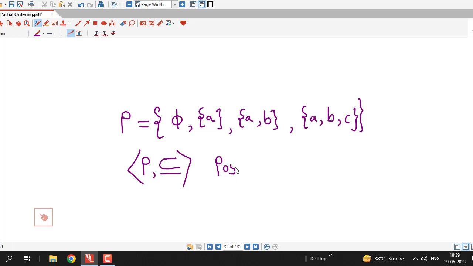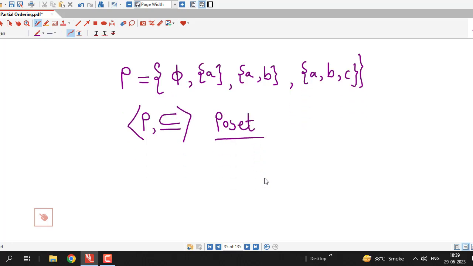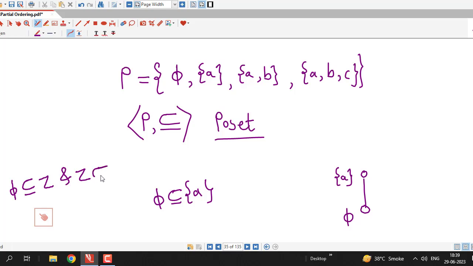Then we know that this set is a partially ordered set, and we can easily see that phi, the empty set, is covered by a set having only one element, because phi is a subset of A and there is no set Z in between such that phi is a subset of Z and Z is a subset of A. Therefore the set having the singleton element A is a cover of phi.